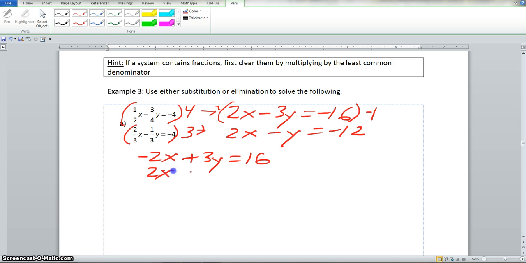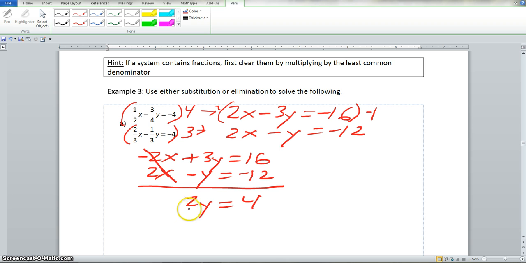And we'll write down the second equation. Now these two x's will simplify out. 3y minus y is 2y, and it equals 16 minus 12, which is 4.